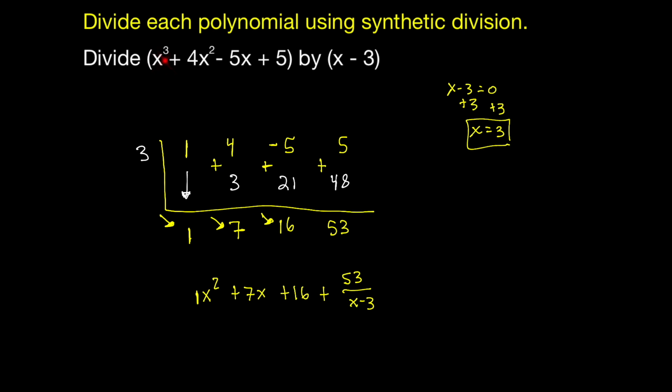So x to the third plus 4x squared minus 5x plus 5, if I divide that by x minus 3, I'm going to get x squared plus 7x plus 16 with 53 over x minus 3. Again, 53 is the remainder.